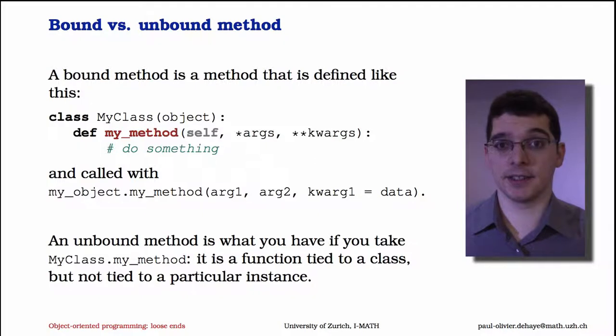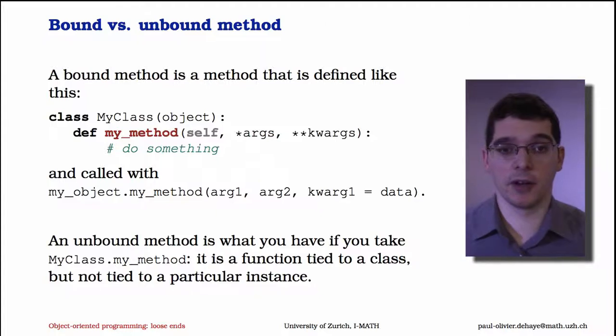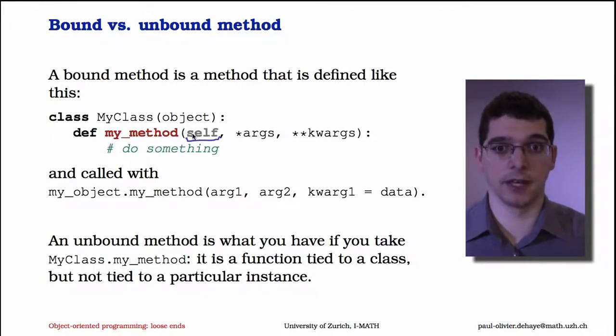Okay, so something else I didn't really explain is the bound versus unbound method. If you remember, a bound method, which is pretty much all the methods we've seen so far, is defined like this. You have a class, my class, that inherits from object or something else, and then you define a method, and the first argument should always refer to itself and can be called self by convention.